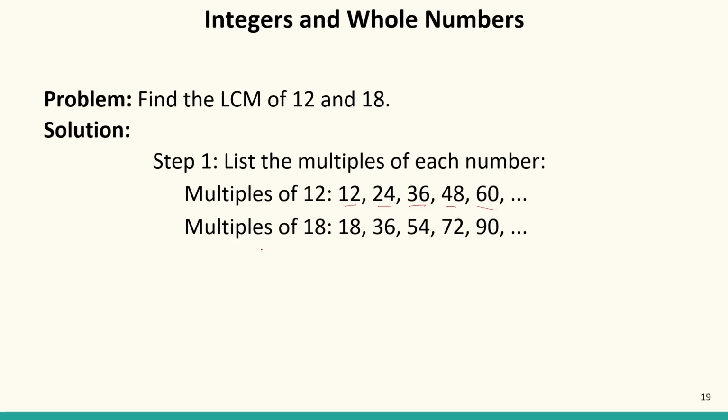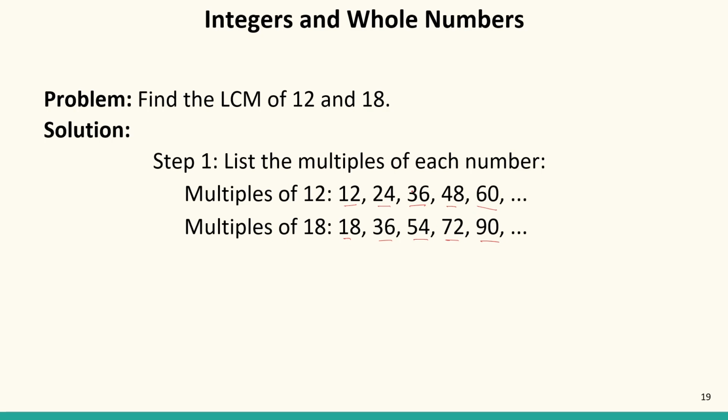And multiples of 18, that is 18, 36, 54, 72, and 90. So 12's multiples are 12, 24, 36, and multiples of 18 are 18, 36, 54.